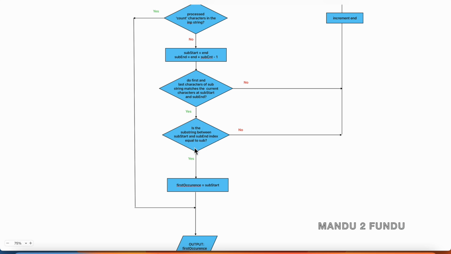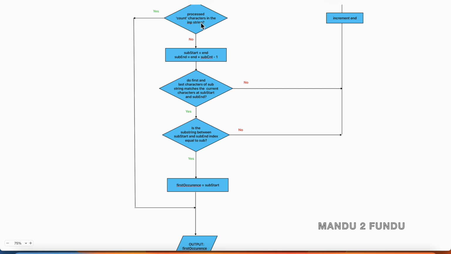For that, we check whether the substring starting from index substart and ending at subend is equal to the substring. If yes, we assign substart to the first occurrence variable and break out of the loop.